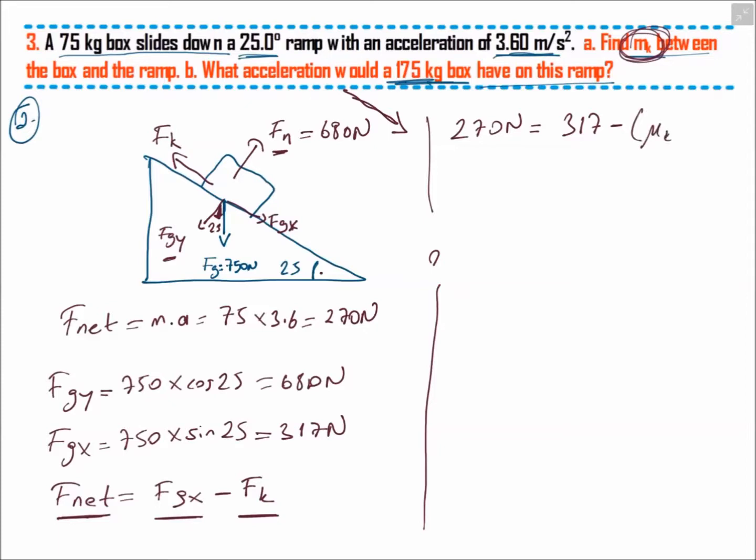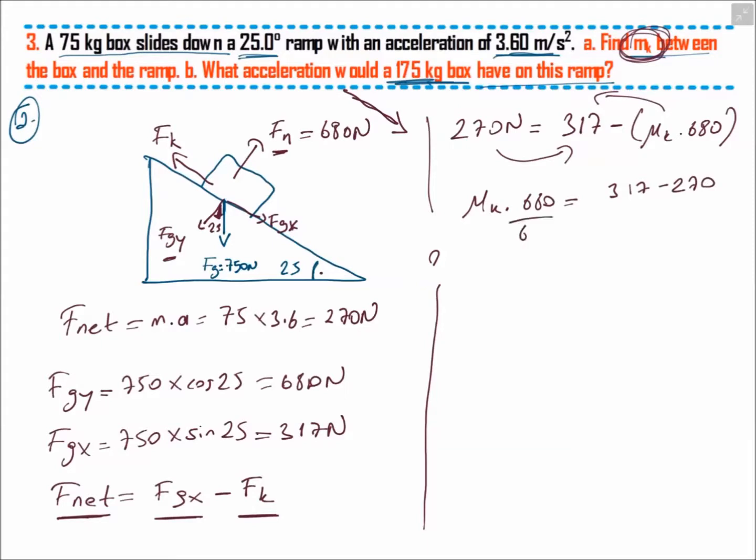Fk is mu k times Fn. And the Fn is 680. So we send this one to here, this one to here. Mu k times 680 equals 317 minus 270.